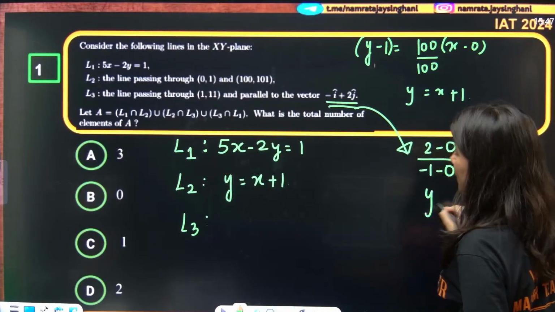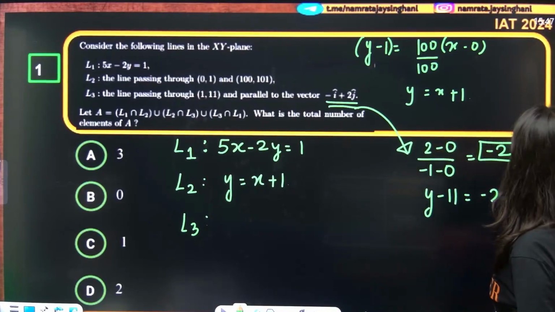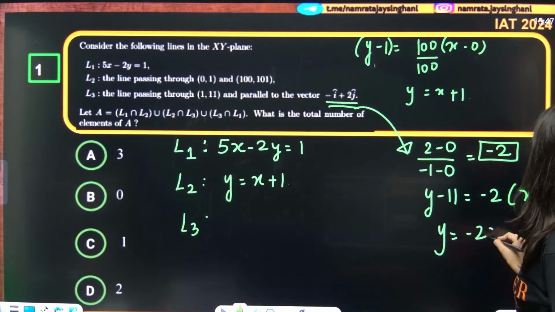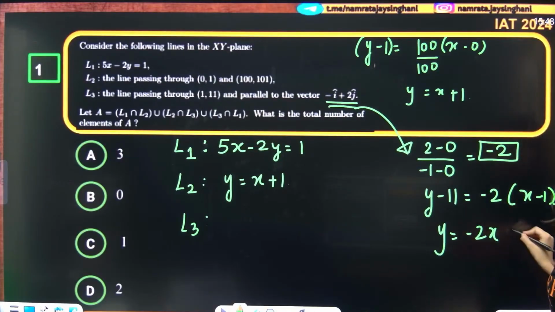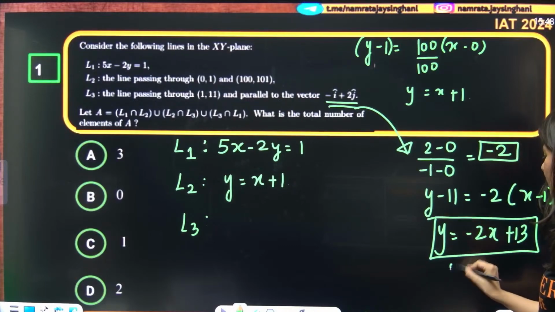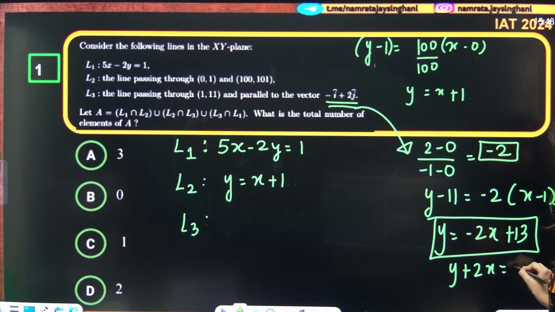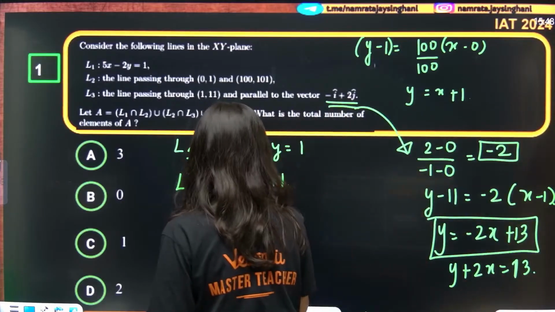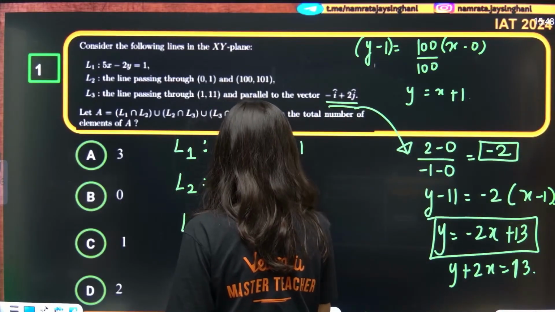So y minus 11 equals minus 2 times (x minus 1). So y equals minus 2x plus 2 plus 11, that is plus 13. So y plus 2x equals 13 is the third line.